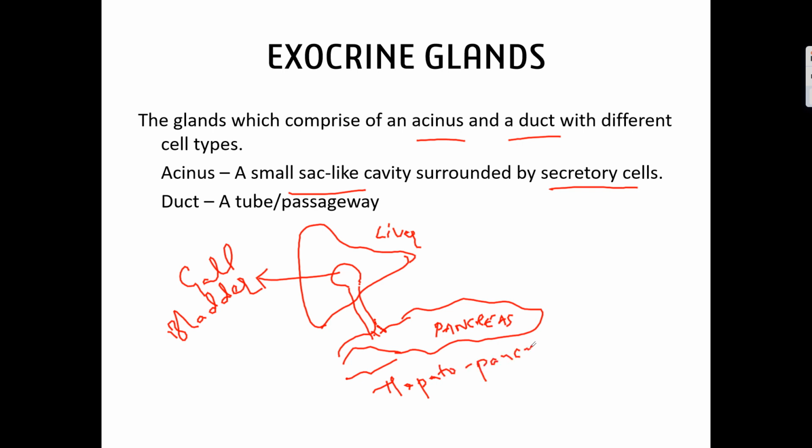This is one good example of exocrine glands. The gallbladder is the acinus here, and this is the passageway through which the bile juice and the pancreatic juice from the pancreas will travel. This is called the hepatopancreatic duct.